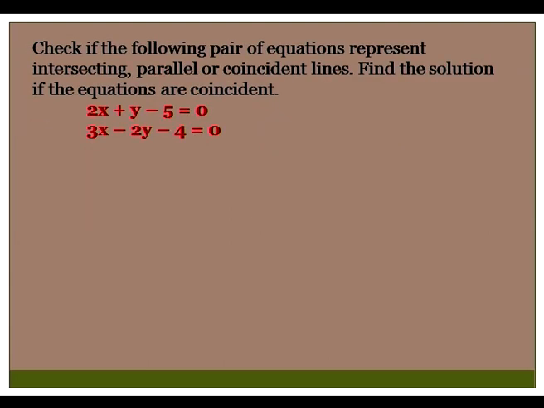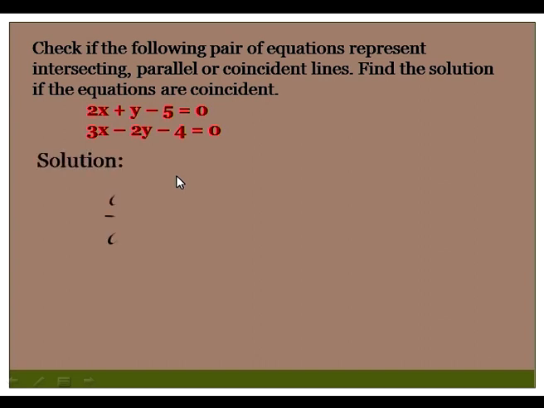Now, let us quickly check if the following pair of equations represent intersecting, parallel or coincident lines. Find the solution if the equations are coincident. Now, what are the equations given to us? 2x plus y minus 5 is equal to 0 and 3x minus 2y minus 4 is equal to 0.